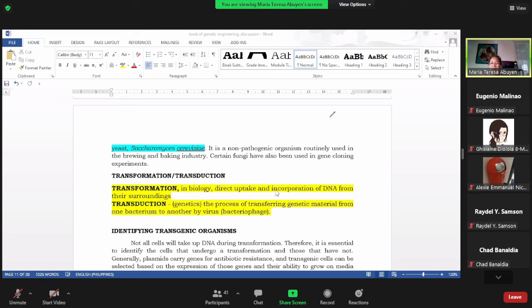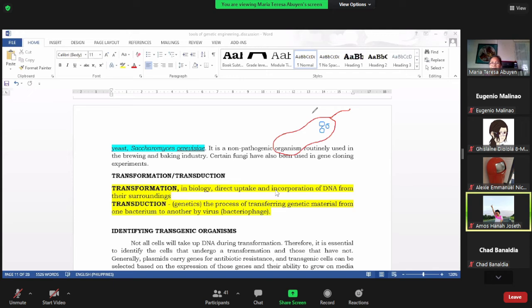This is the bacterium. Here is its plasmid, its bacterial cell, and the bacterial chromosome.